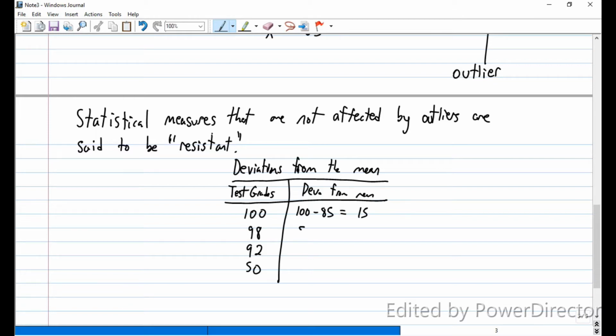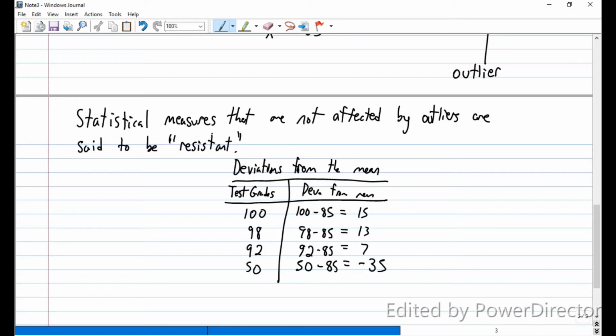If I take my 98 and subtract 85, the deviation from the mean would be 13. 92 minus 85, the deviation from the mean is what? 7. And then if I take 50 minus 85, the deviation from the mean is negative what? 35. So the deviations can be negative.